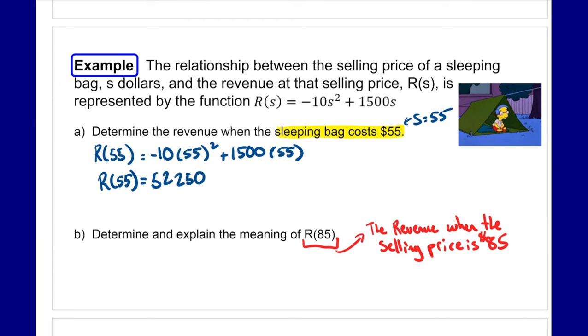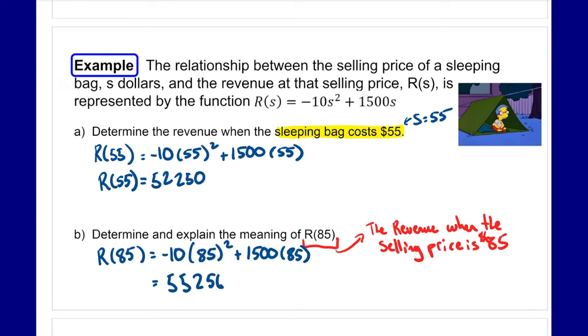So that's what R at 85 means. Now to determine that, we have our function. We plug our value of 85 into our equation, and we go through and solve. And we should find that R at 85, our revenue, is 55,250.